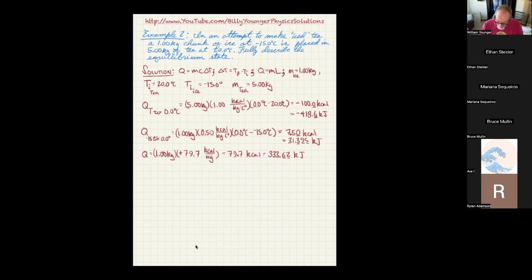And I think you can see that if you add 333 and 31.39, you're not going to get anywhere near the full 418.6 kilojoules. So we're not going to bring the T down to 0 degrees Celsius. That's clearly not going to happen. Does that make sense?